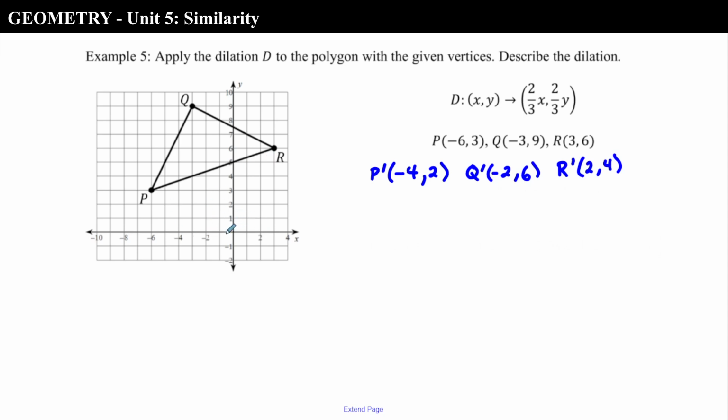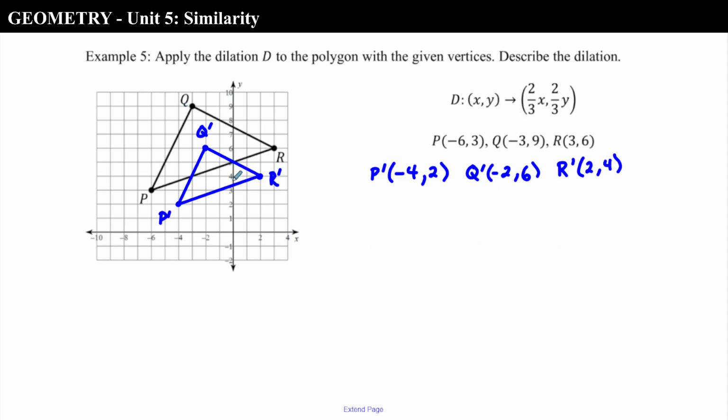So we'll plot those first. -4, 2 is here. -2, 6 is here. And 2, 4 is here. And let's label them. This is P prime, this is Q prime, and this is R prime. Now all that's left to do in the graph is to draw our lines to connect our vertices to create our sides.